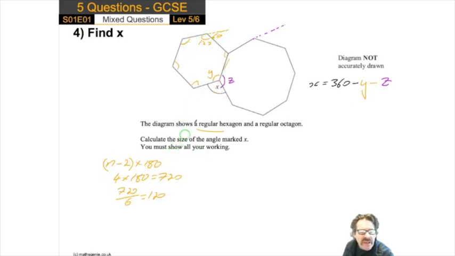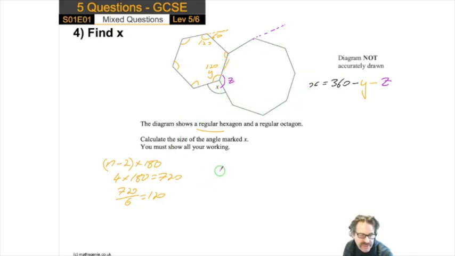As long as you can do both of these things with polygons, you can find the interior and the exterior angles, then you are good to go. So that's going to be 120. So let's write it in here now, 120. And to find z, this time we've got 8 sides. So 8 minus 2 is 6.